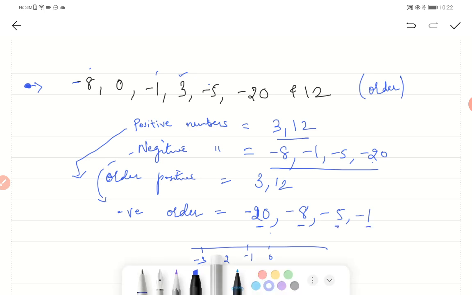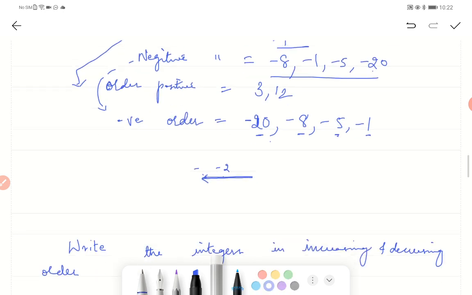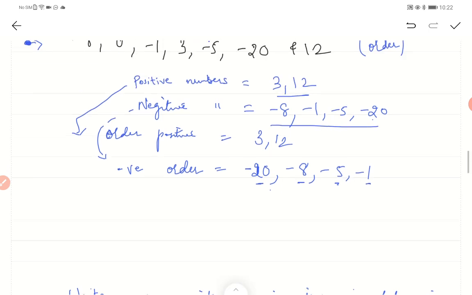So this is our order for the negative numbers, isn't it? Now it's easy for you to place the numbers in ascending order.